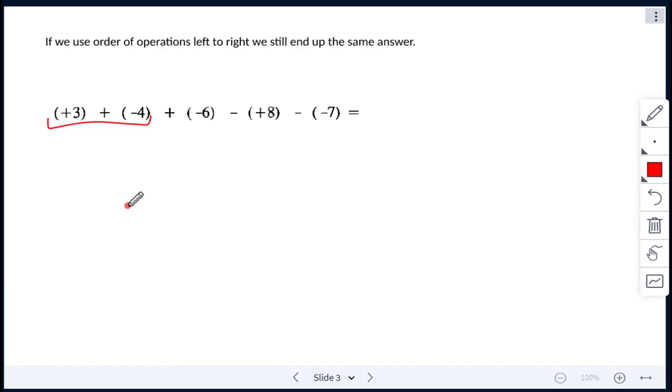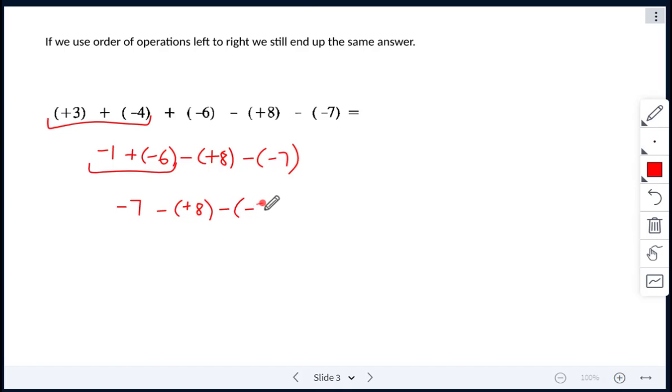So positive 3 plus negative 4 would give you negative 1. And then we'd have plus negative 6 minus the positive 8, and then minus the negative 7. If you continue to do this from left to right, negative 1 plus negative 6 would give you negative 7, and we'd have minus positive 8 and then minus negative 7.